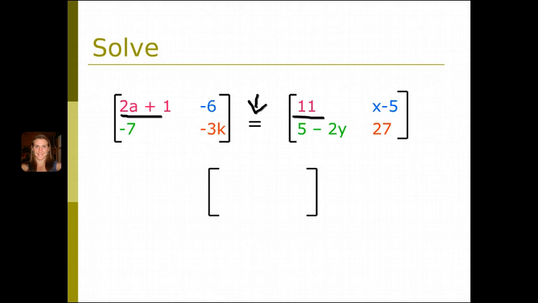Therefore, we can solve these by saying 2a plus 1 equals 11. To solve that, we simply subtract 1 from both sides, leaving us with 2a equals 10.